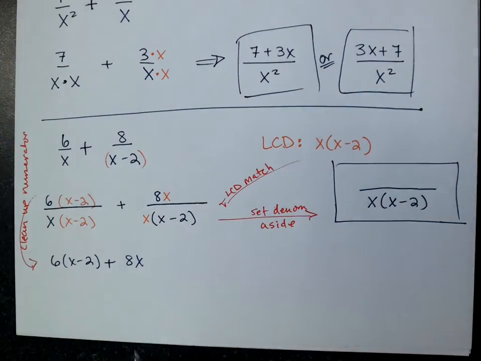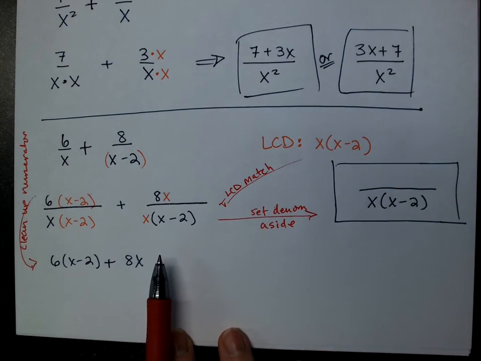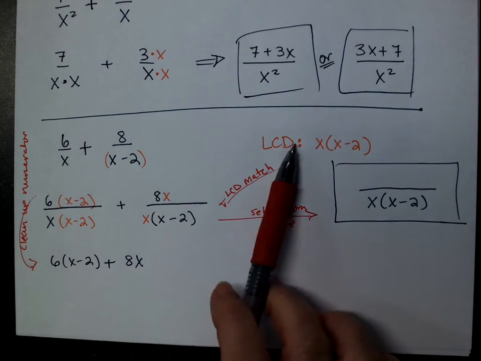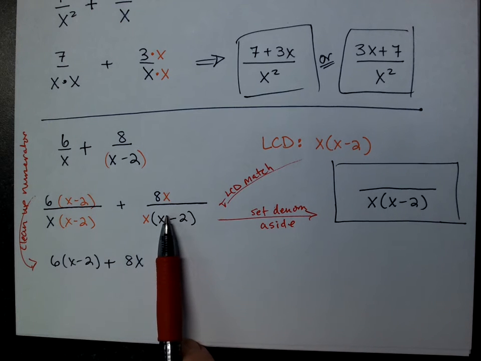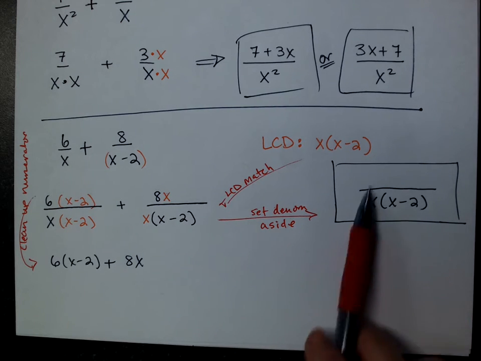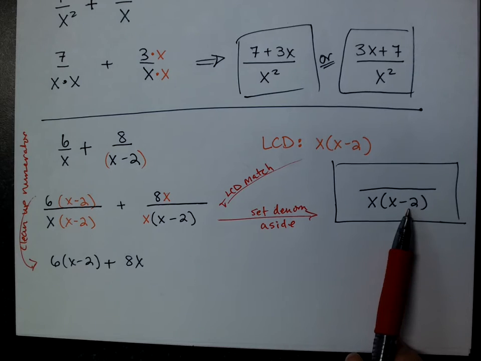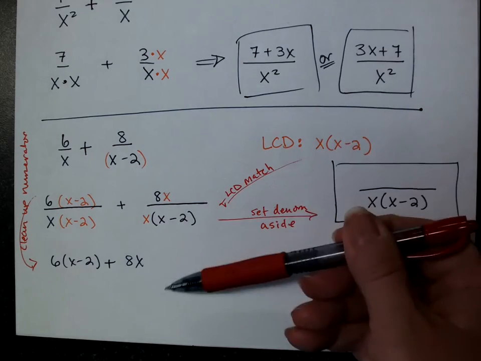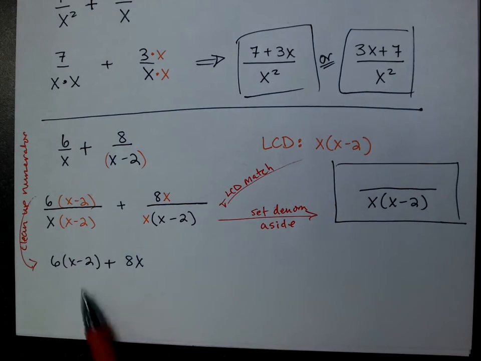Find my LCD, make them match, then I'm done with it, so set it aside in my final answer, and then just lift off the numerator, clean it up, and then once the numerator's cleaned up, I just put it back on top.